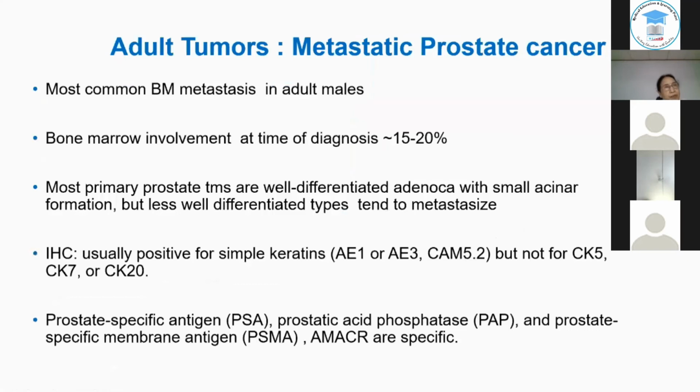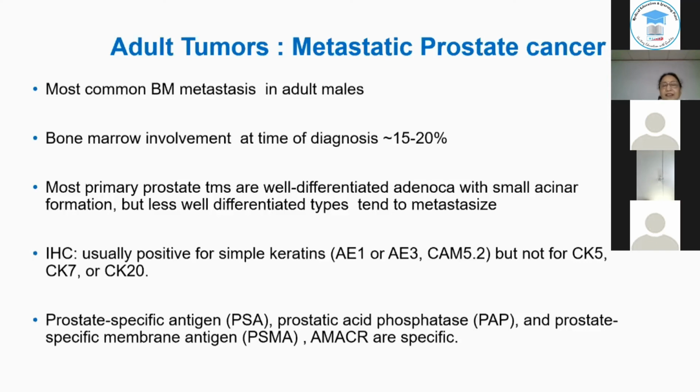Bone marrow involvement is seen at the time of diagnosis in most primary prostate tumors, which are generally well differentiated adenocarcinoma with small acinar formation, but the ones which are less well differentiated tend to metastasize more in the bone marrow.